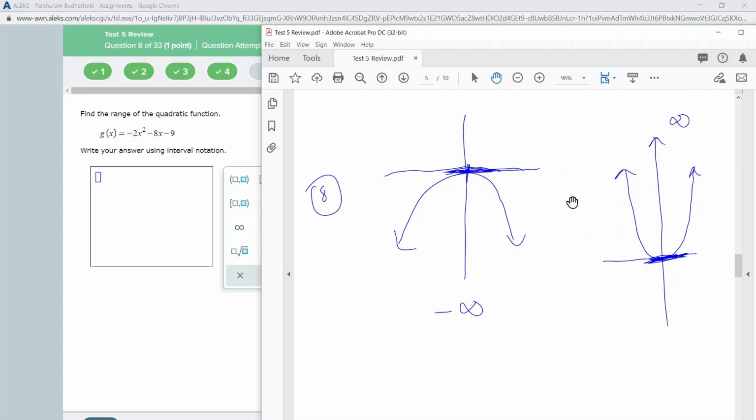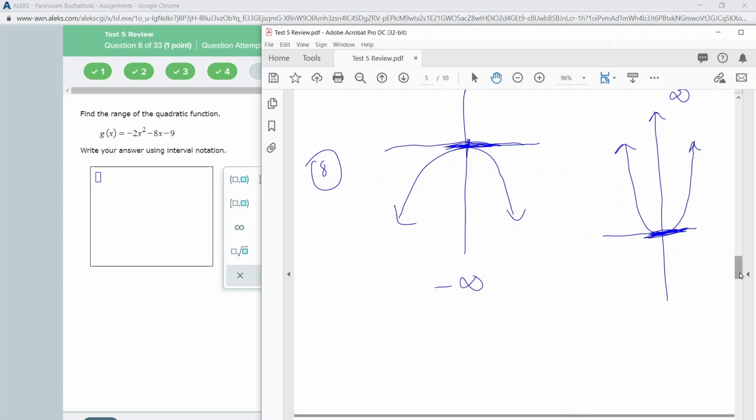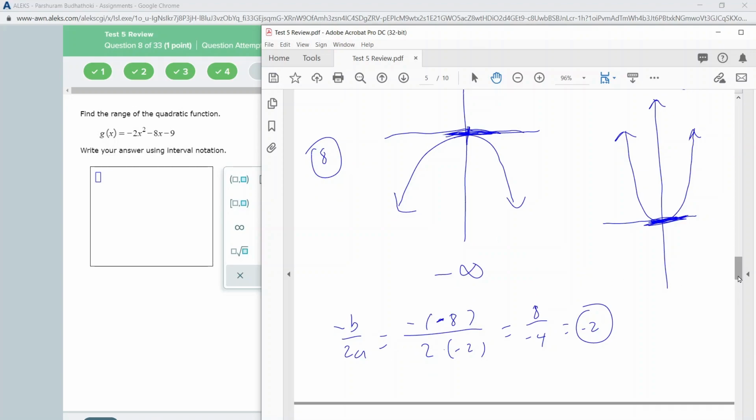For finding the vertex, you can use this very same formula, negative b over 2a, and in this case b is negative 8 and a is negative 2. So negative 8 times negative is positive 8, divided by negative 4, which is negative 2. So that's the x coordinate. You need to find the y coordinate because the range means the y value. So what is the y coordinate? It's the value of the function at negative 2.